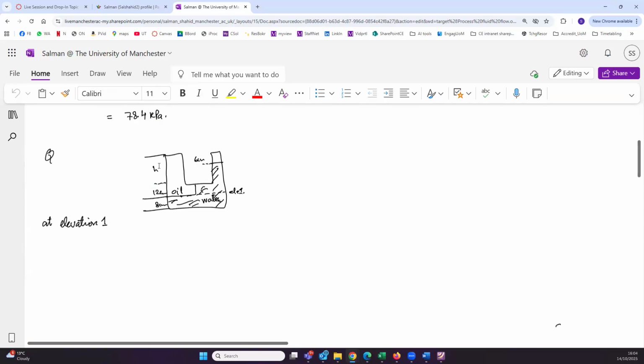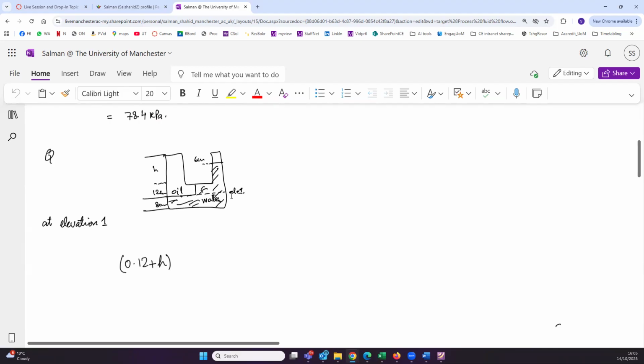So we know this height, so that is rho of oil that we know, the g that is 9.8, and then the height that is h plus 0.12. Okay, it came, sorry. So rho of oil and g.